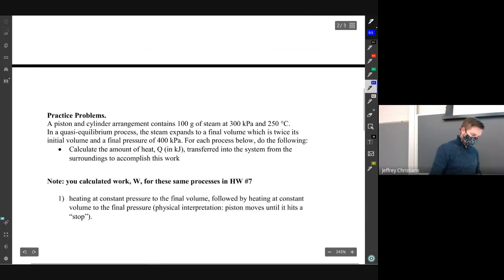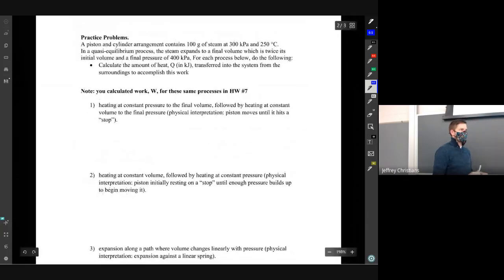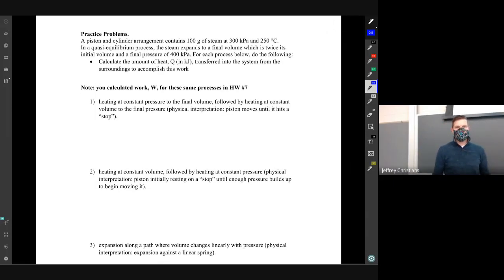So if you flip that over, get out your homework. This is a way to check and make sure that you did your homework right, and quickly do some energy balances. Once you get them, they're super easy. This is the exact same problem that you solved, so you don't have to resolve anything for work.